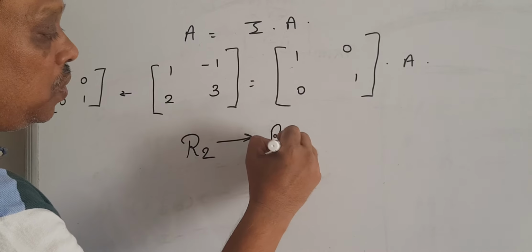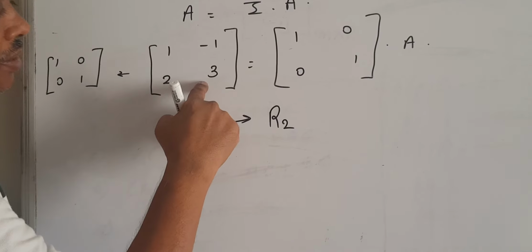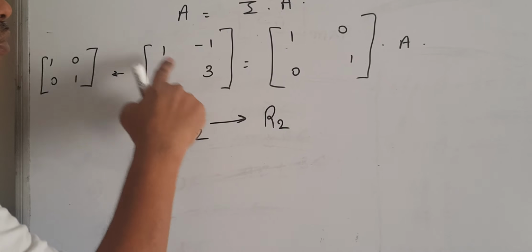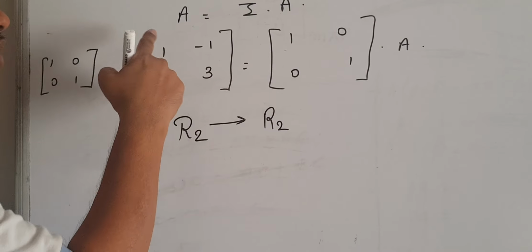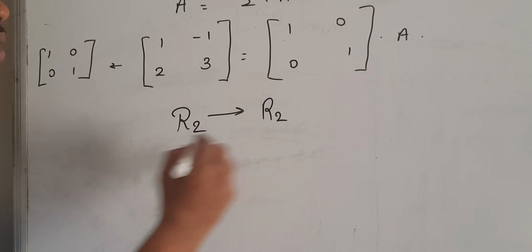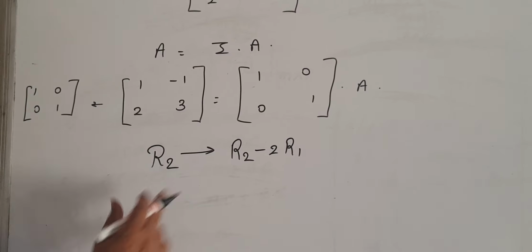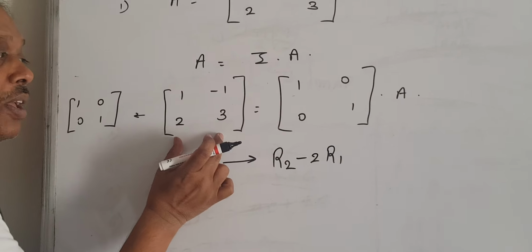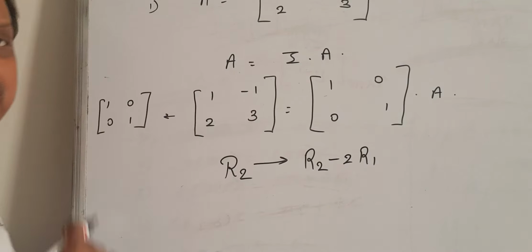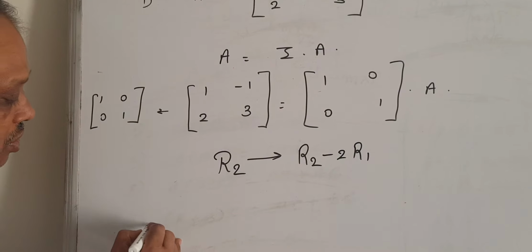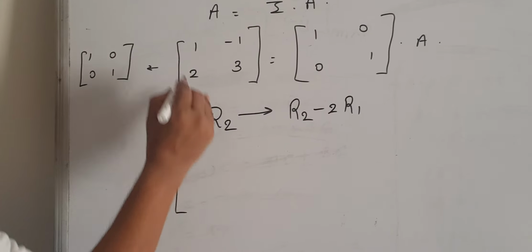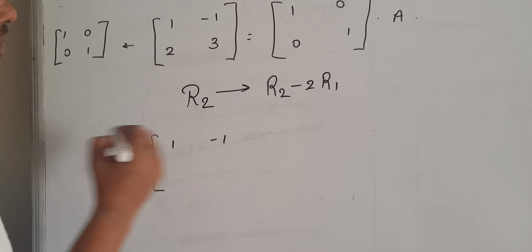Second row element plus first row element, multiplied by something so that it becomes 0. So say R2 becomes R2 minus 2 R1. Now this operation we will use here also, and here also. Then it will be, therefore, the first row as it is: 1 minus 1.